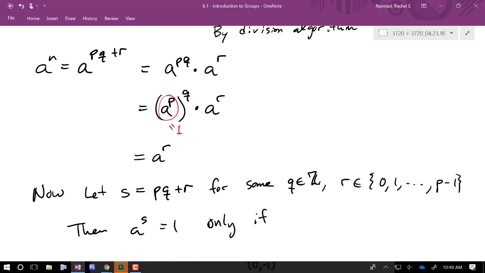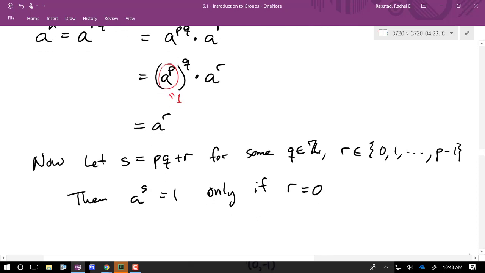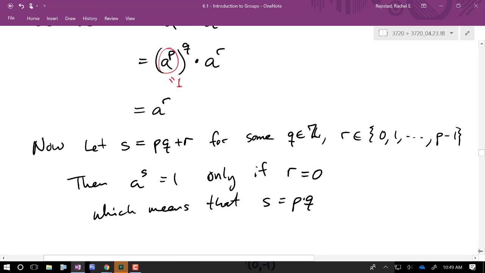Like, that's how we'd get 1. And if r is equal to 0, that means s is just equal to pq. And of course, now at this point we can say p divides s.